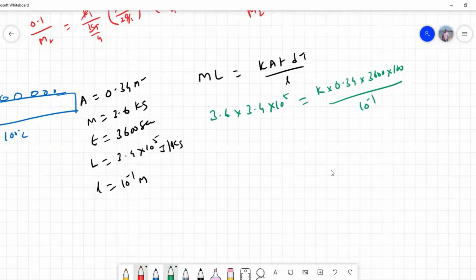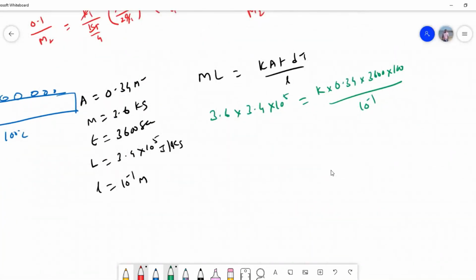Now here we want to find out the value of K. So K is equal to 3.6 into 3.4 into, if I cross multiply, 10 power 4, whole upon 0.34 into 3600 into 100.